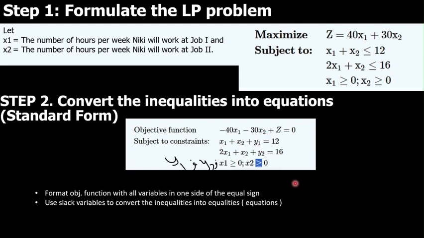Let's say that x1 plus x2 plus y1 equals 12, not hours, but a raw material like wood, 12 meters of wood. If x1 plus x2 is 9 at the final solution, this means that 9 plus 3 equals 12, and y1 would be 3, representing the unused wood. So the slack variables represent the unused or wasted resources of the problem.